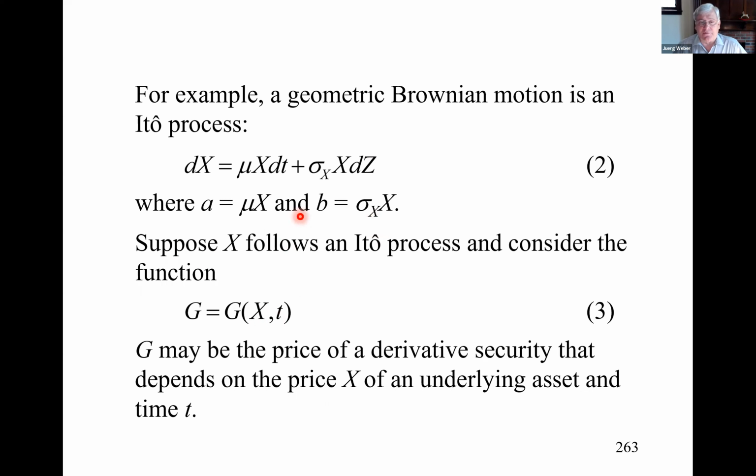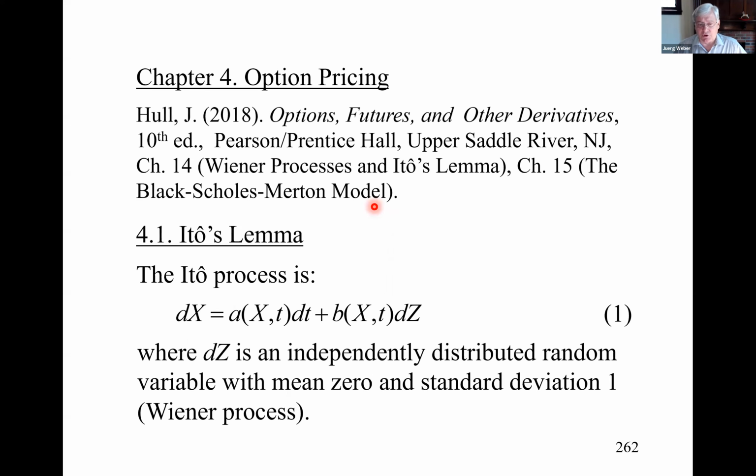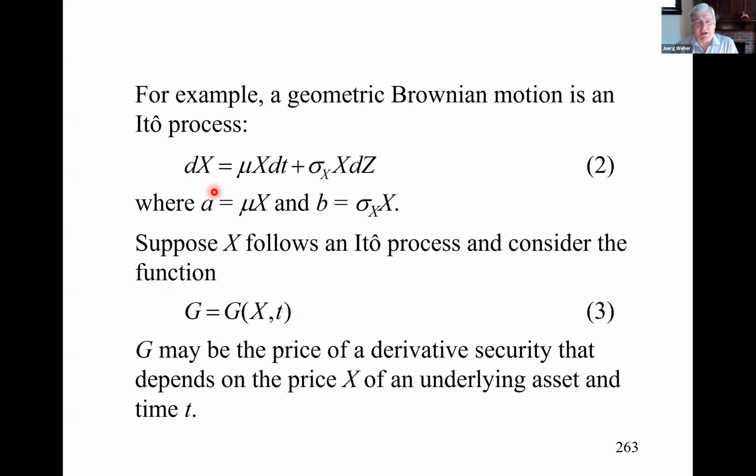Same thing here for the scaling factor of the standard deviation. It depends on x, but not on time. So it depends on x in the geometric Brownian motion, but the parameters are constant across time. Time does not matter. So that's the geometric Brownian motion that we used before.